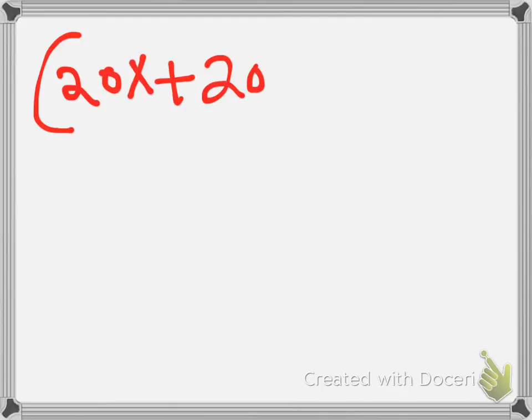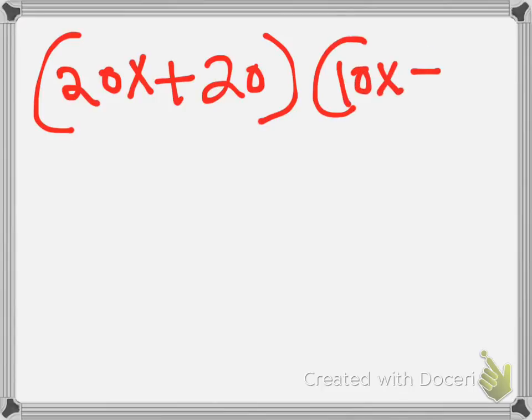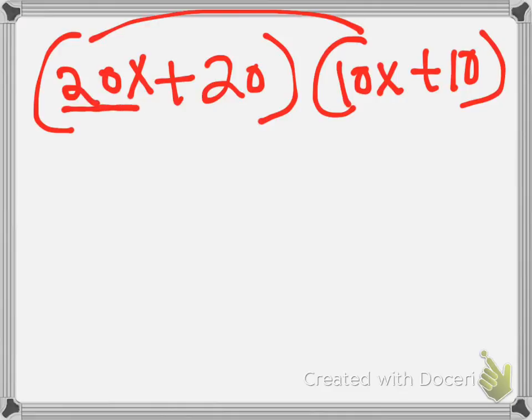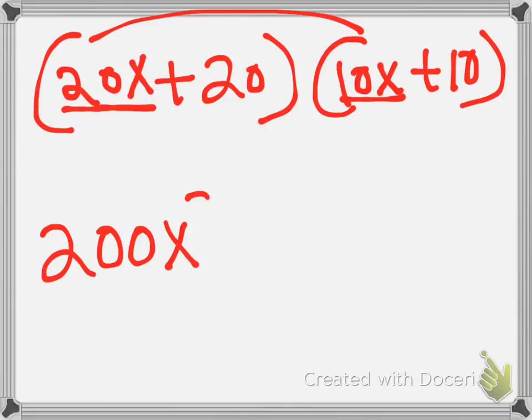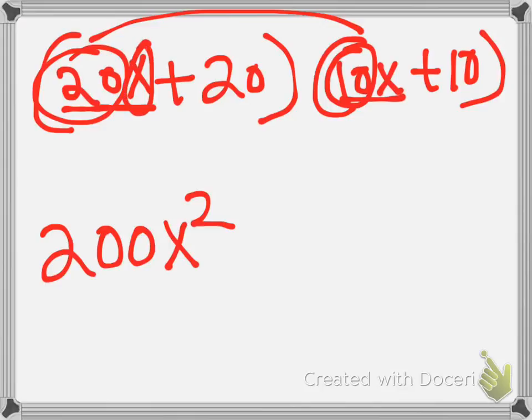Plus 20 times 10x plus 10. We do the same thing for first, which is 20x times 10x, which is 200x squared. Remember, we have to multiply the coefficients and then the variable. So 20 times 10 is 200. x times x is x squared.